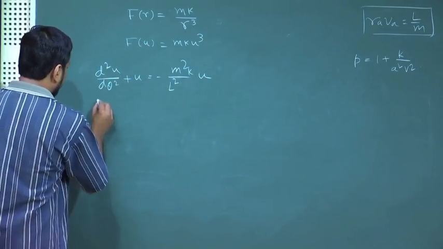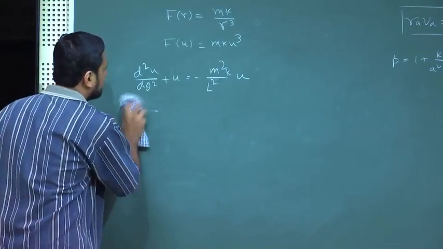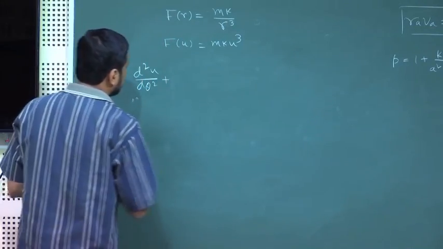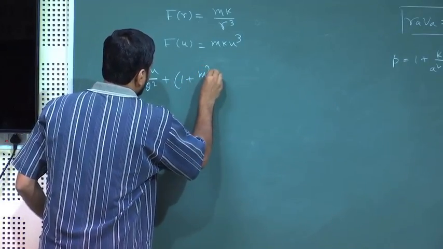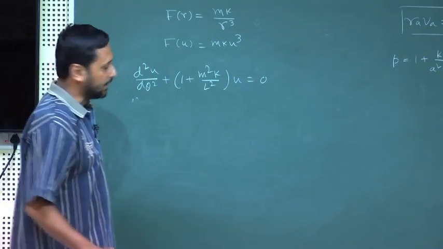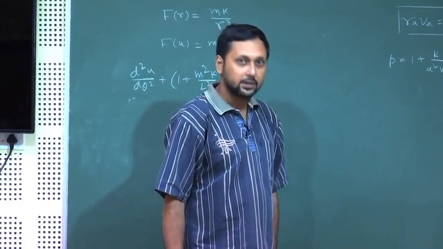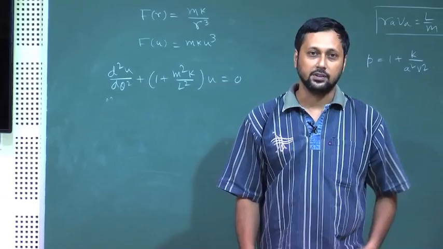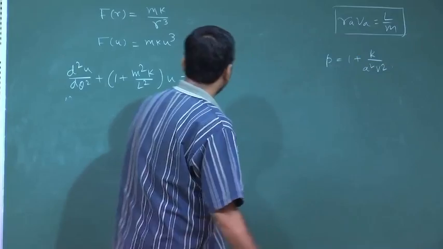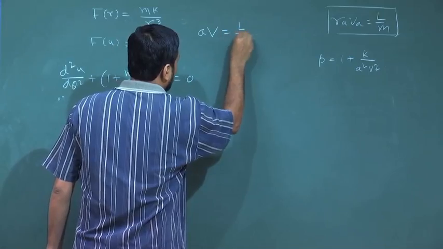Now, taking it to this side, we can write the differential equation as, or I will just modify it here, m square k by L square times u equal to 0. Right. It is also given that the particle was projected from an apsidal point, which is at a distance a with a velocity capital V. Now, using this relation, we see that a times v is equal to L by m.